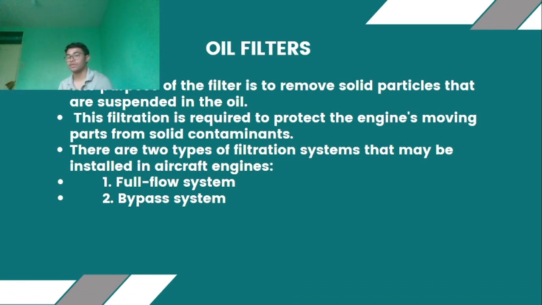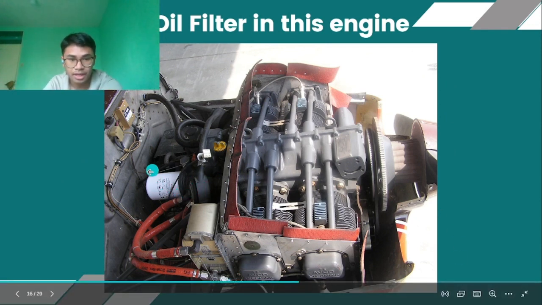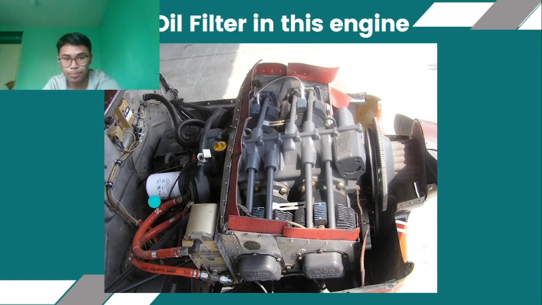So, we have two types of filtration system. Full flow and bypass system. So, for full flow, first, locate the oil filter in this engine. As you can see, this is a semi-depth filter. So, this is our filter.